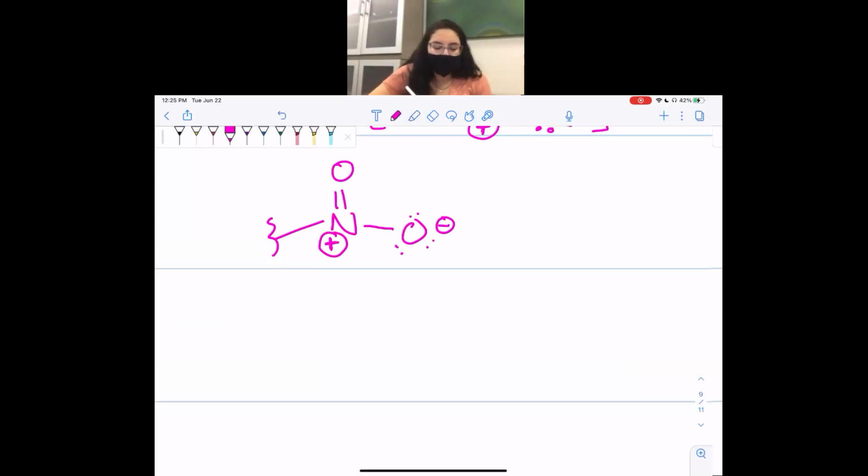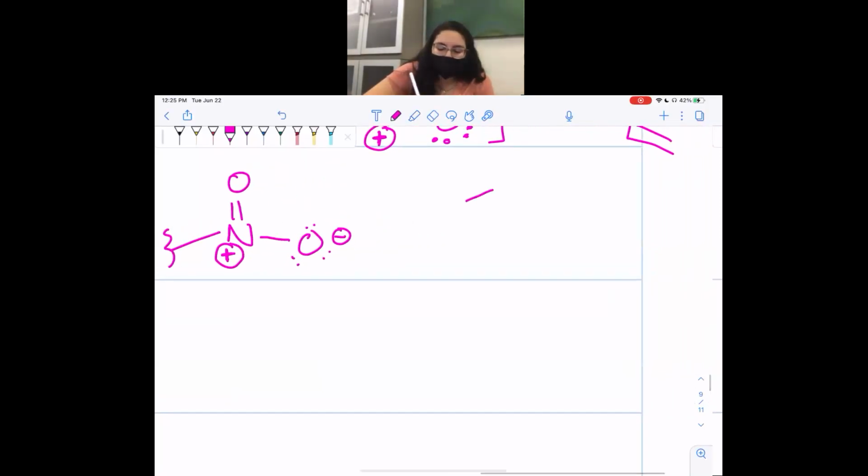When we draw out our dienophile, I know I drew a diene in the last one, but that might have just confused everyone, so I'm just going to stick with our regular old double bond. And this double bond has the nitrogen attached, and then attached to the nitrogen we have this stuff.